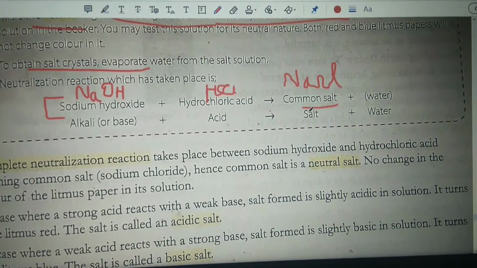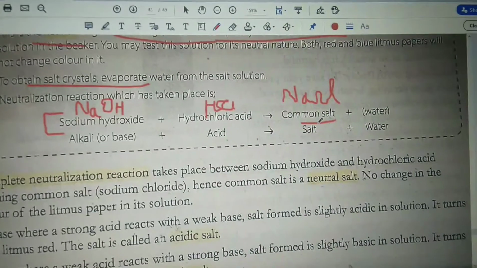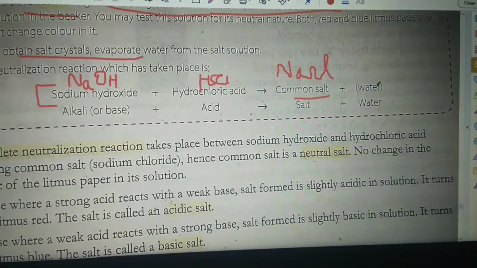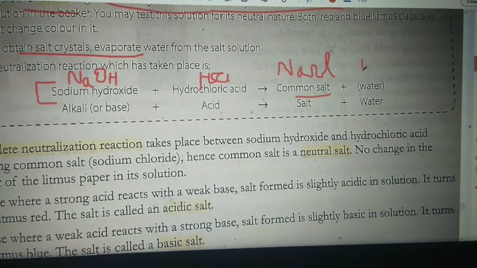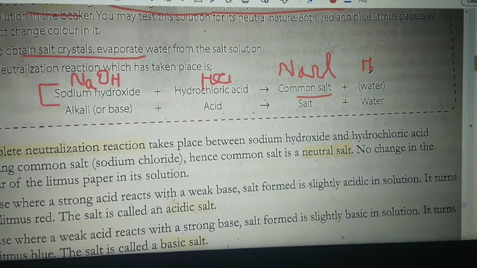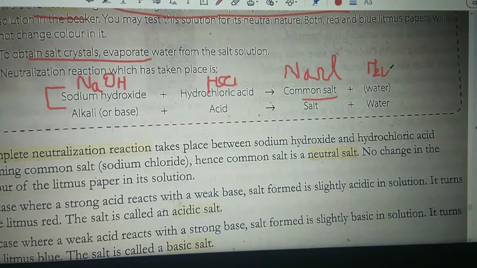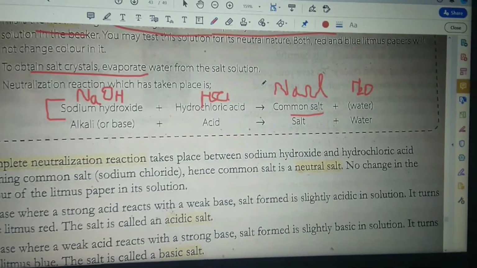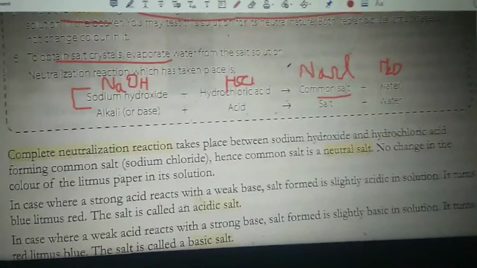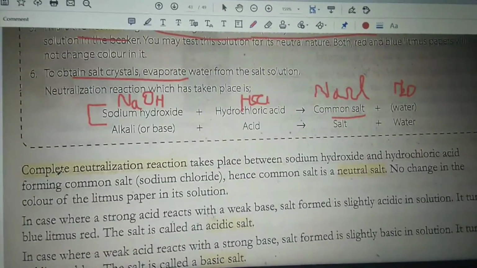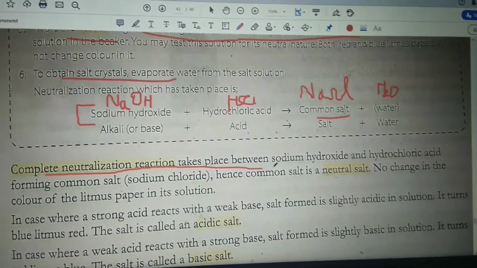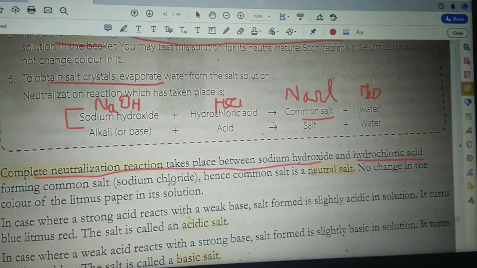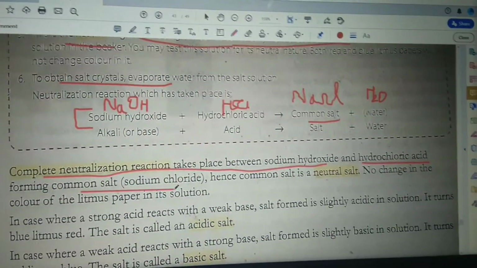This common salt we use for eating purposes. Simple salt that we use in food. And water is produced, that is H2O. So this is the chemical reaction which takes place.